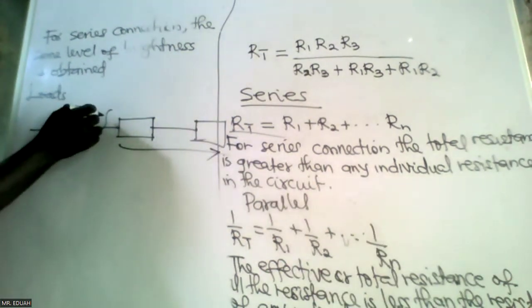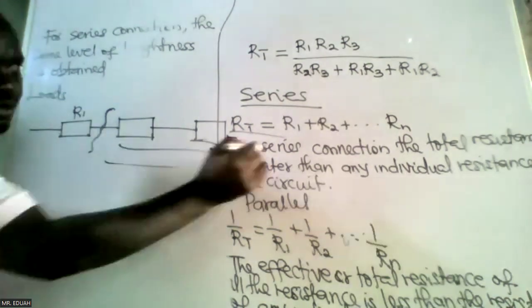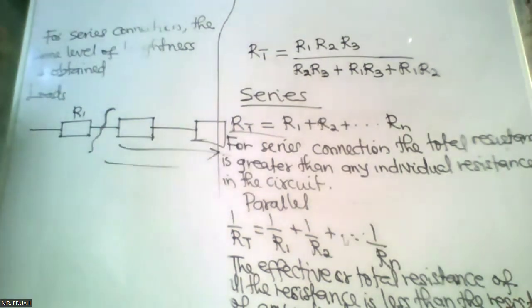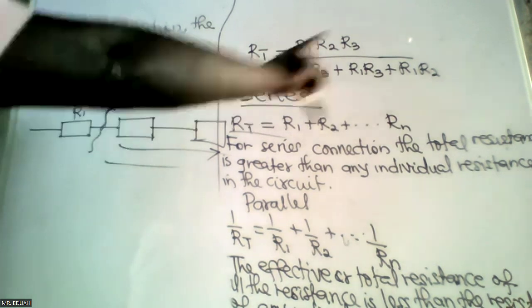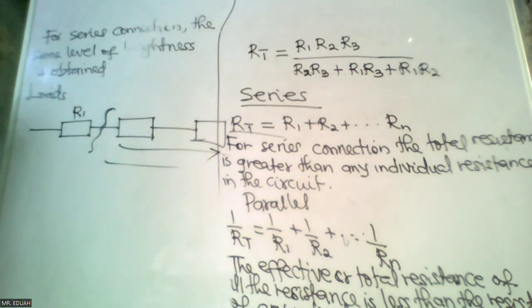But if there's a break in this one, the rest will not be able to work. That's the problem. So when there is a fault in one of the resistors, the rest will not be able to function because of the nature of the connection.